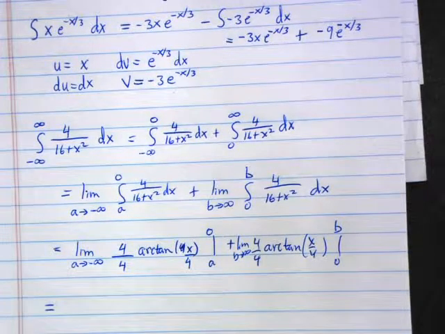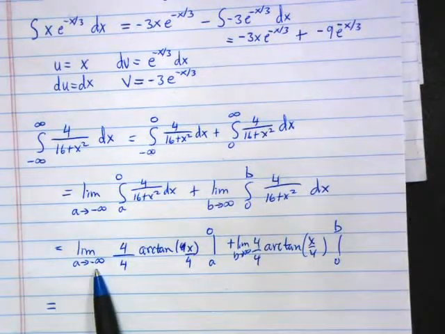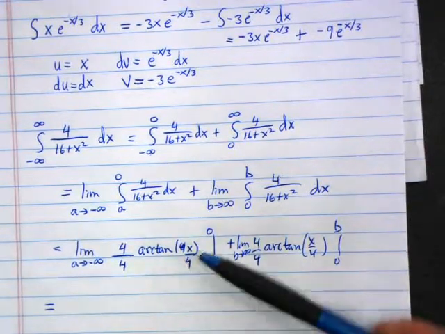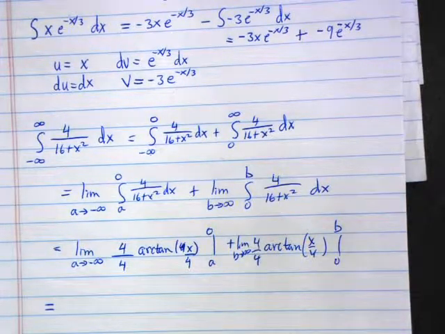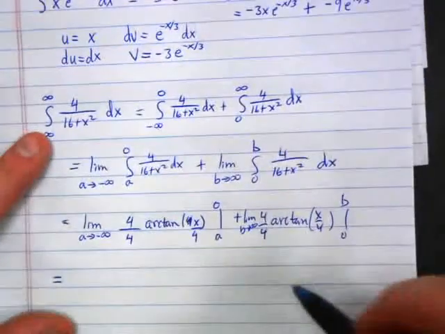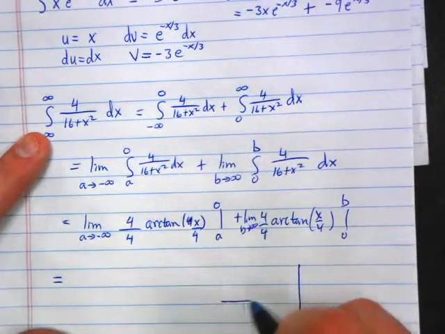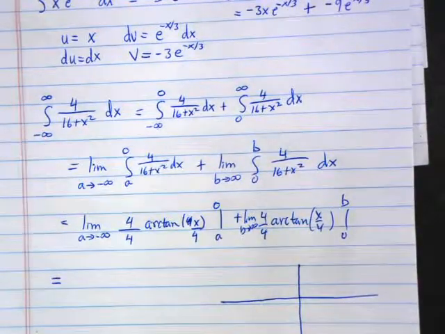All right, well, what happens as a goes to negative infinity? What's the arctangent of a over 4 when a goes to negative infinity? What's the arctangent of negative infinity, basically? What's the tangent graph look like?